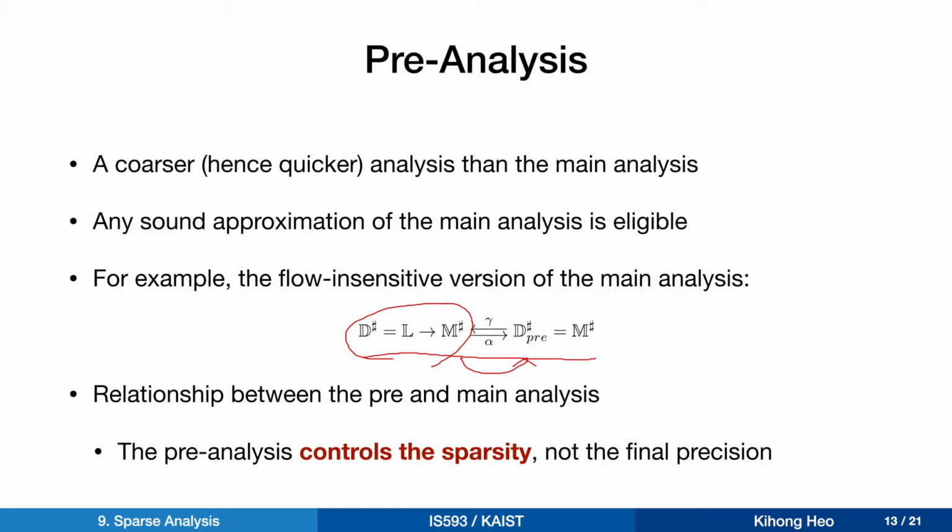If you have a very poor pre-analysis, then your sparse analysis will be almost the same as the main analysis, which means very slow and requiring a lot of memory. But if your pre-analysis is very precise, then you have enough sparsity. You can exploit plenty of sparsity, but your pre-analysis may be very costly. That is the design choice.